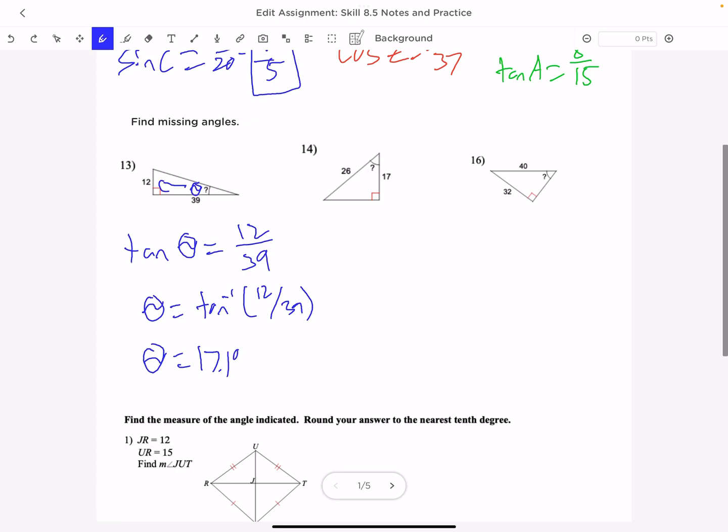Just to go back over that, in the calculator I would do 12 divided by 39 equal sign, second, and then the little yellow part that says tan to the minus 1. In all calculators, you should look for tan, sine, cosine with the minus 1, and that's called the inverse tangent.